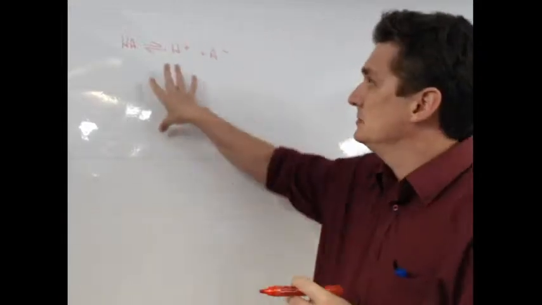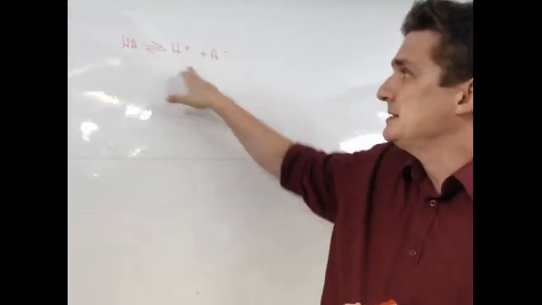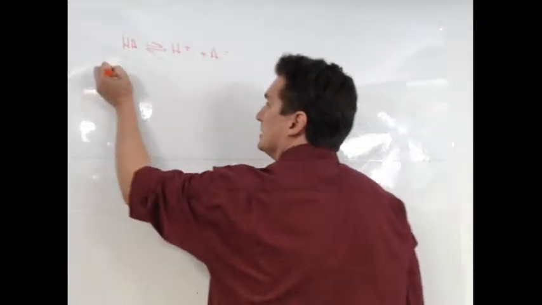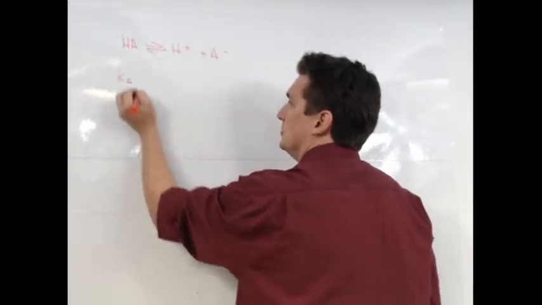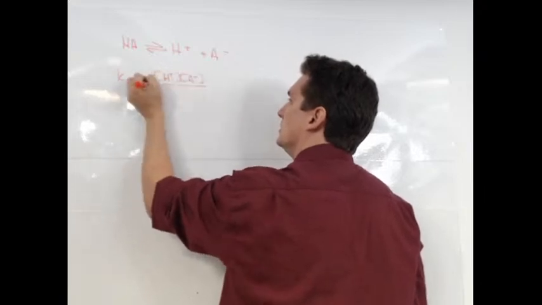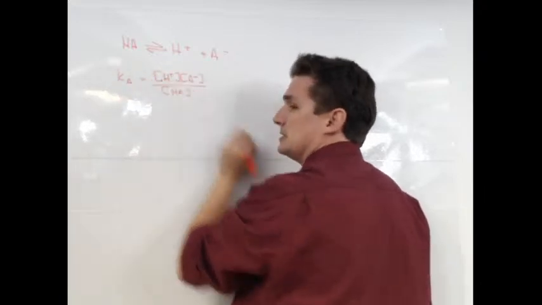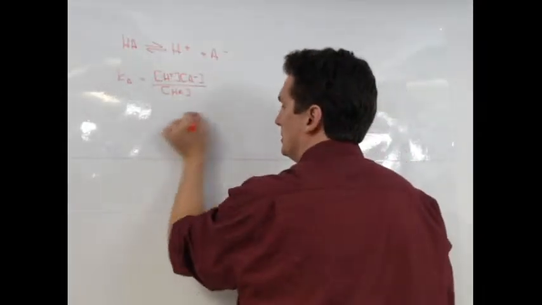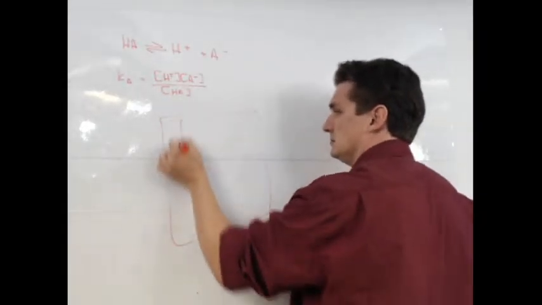Anyway, so if we have a problem with the general form, some acid dissociating, and it has some Ka, that's our expression for Q, our IC table.